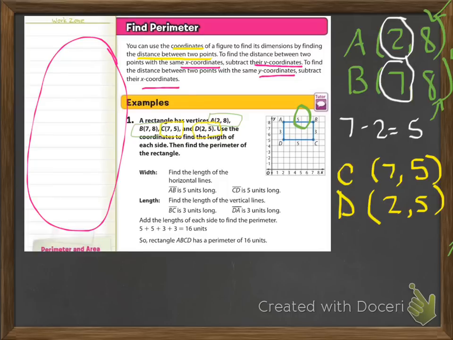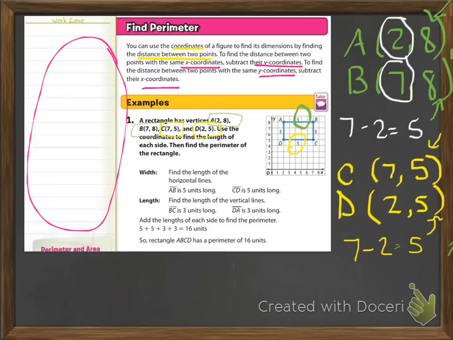See how we compared A and B? Now we're going to use the yellow to compare the C and D line. So we've got (7, 5) and (2, 5). Remember the stipulation is that you have to have the same coordinate. We've got the same y-coordinate here and there, and then we find the difference again: 7 minus 2 equals 5. So that is where we came up with that 5.